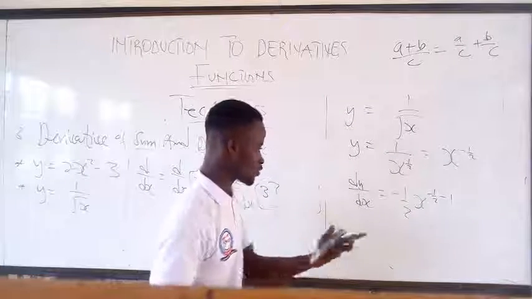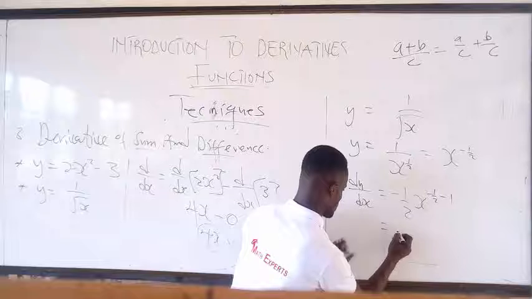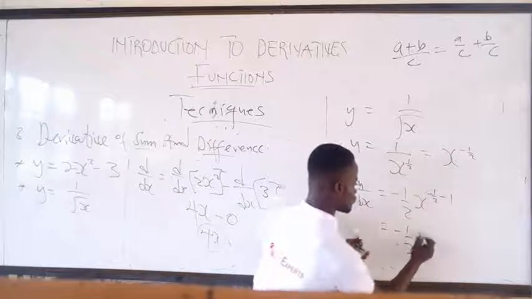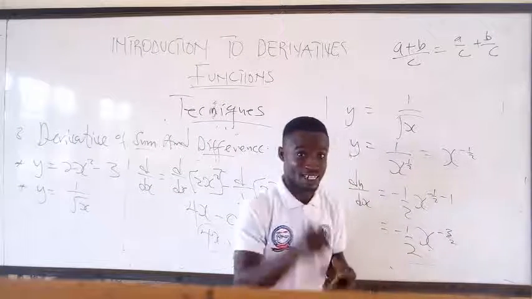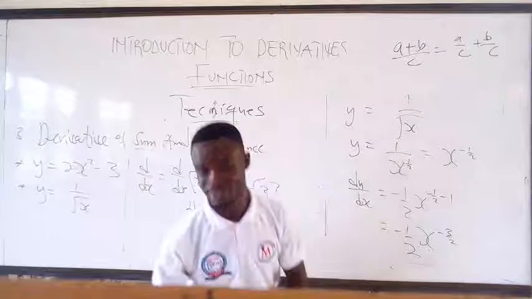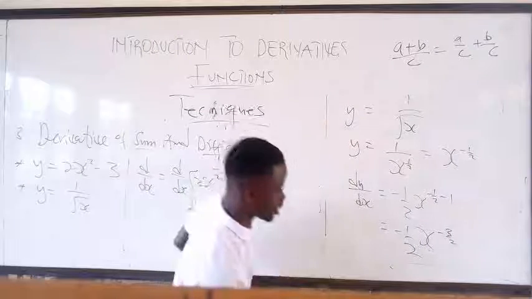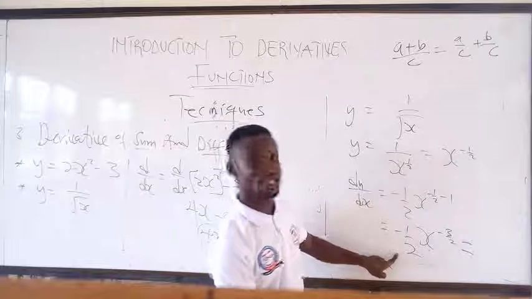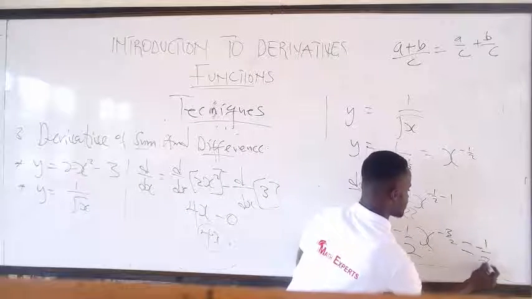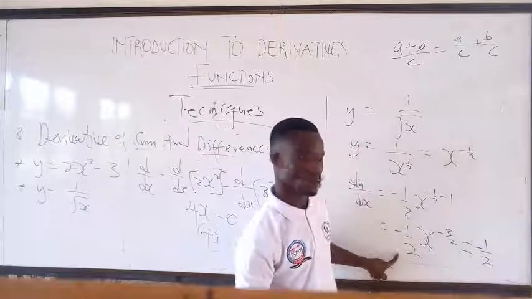Alright. So when you punch your calculator, you get negative half of s raised to the power negative 3 over 2. It's the same thing, no? Watch. We can leave this as negative half.